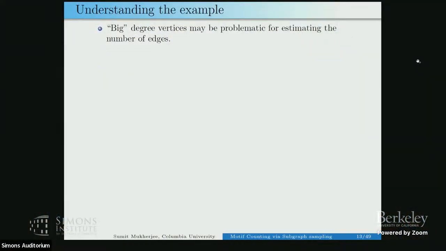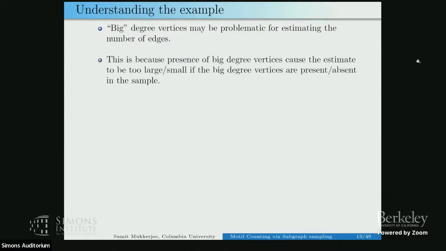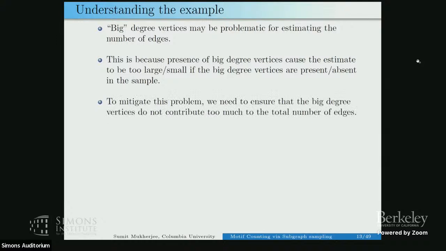Okay, so as Remco pointed out, big is compared to the others. Big is not just within yourself; big is relative to the graph. Big degree vertices are not good for you. The presence of big degree vertices in your sample is going to boost up your estimate too much. Absence will reduce it too low. What you want is to control the contribution of the big degrees.